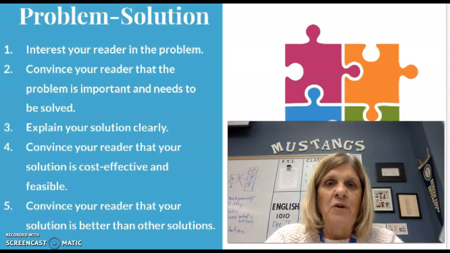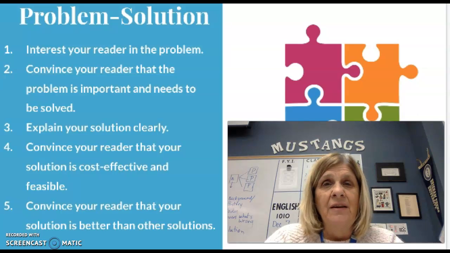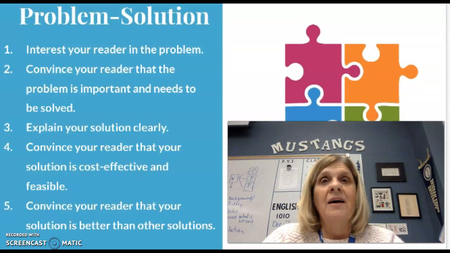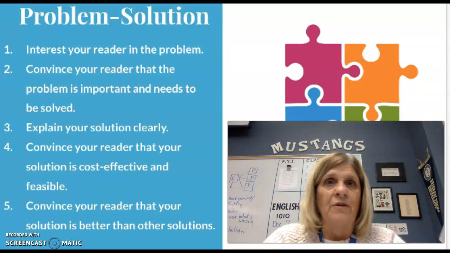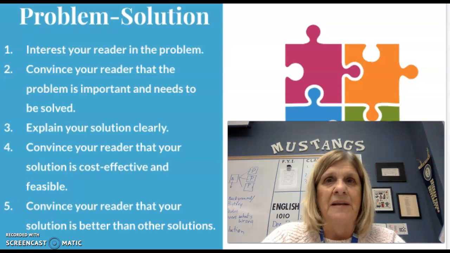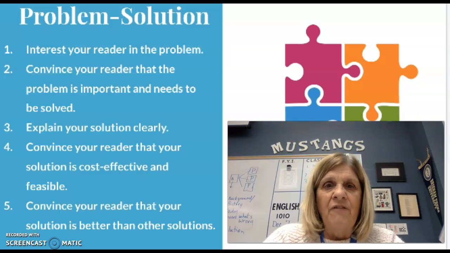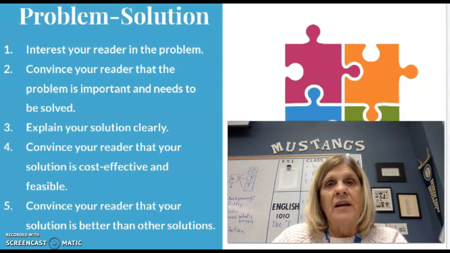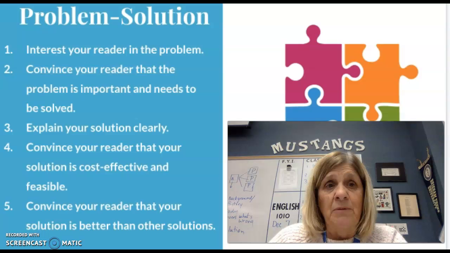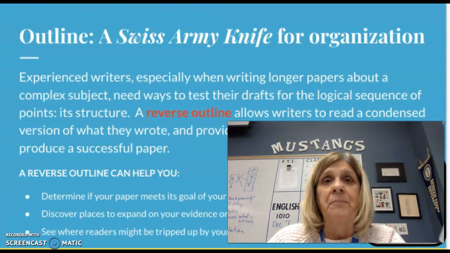And number 4 talks about convincing your reader that the probability of the solution is logical, whether it's cost effective or whether it's change of attitude, whatever it is, that something will actually take place rather than just people will never solve the problem. And finally, you need to convince your audience that your solution to this problem or solutions is the right way.